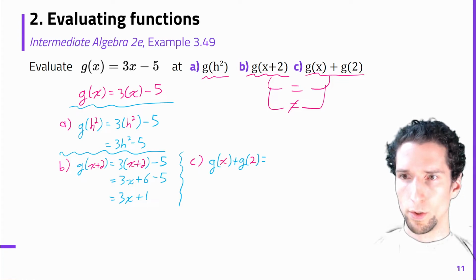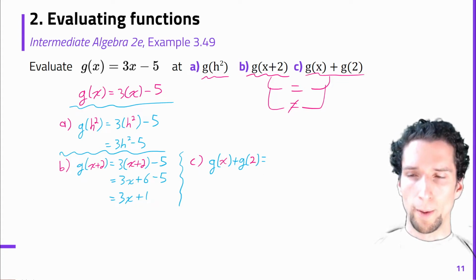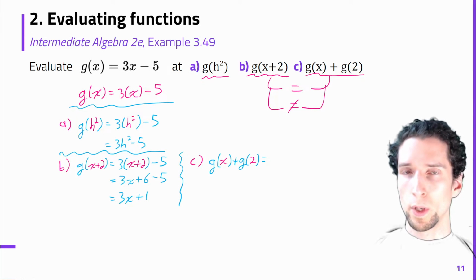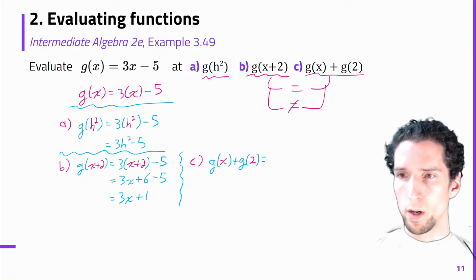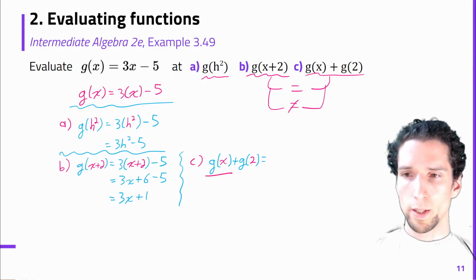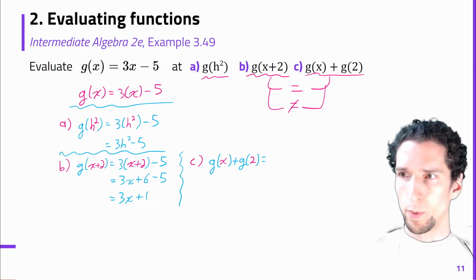Okay, so to do this, we will have our function basically twice. It's written here, g of something, and then plus g of something else. So we need our function twice. So we will have 3 times x minus 5.